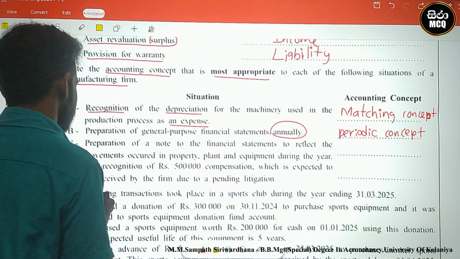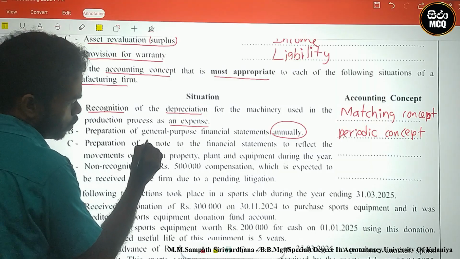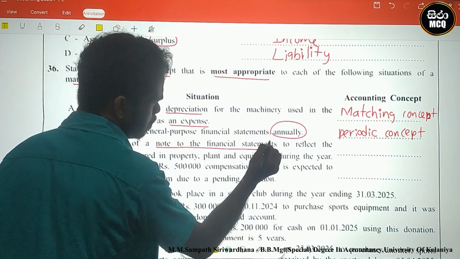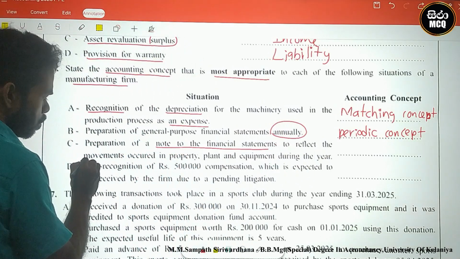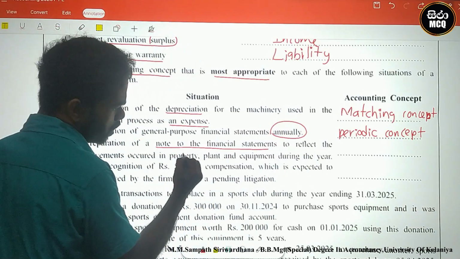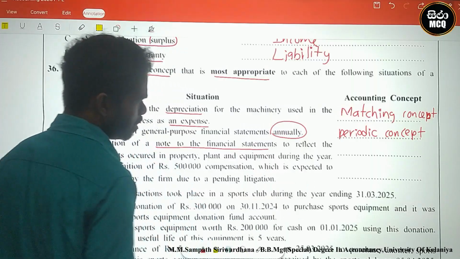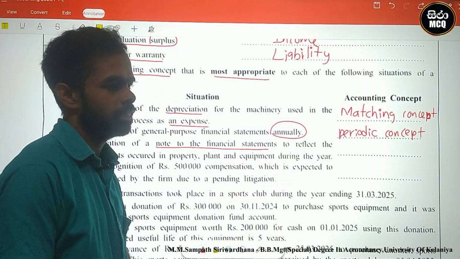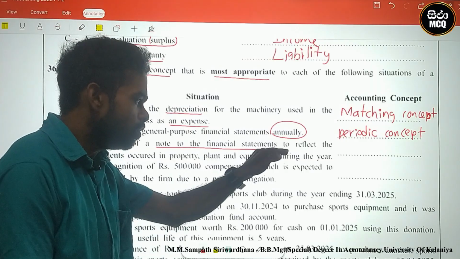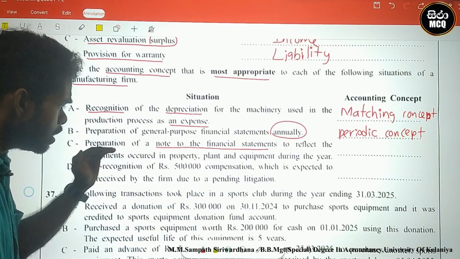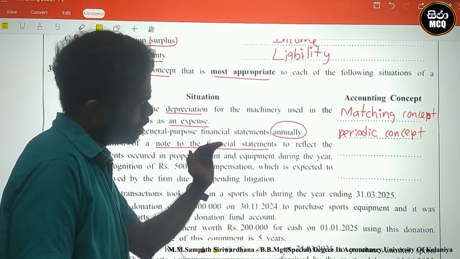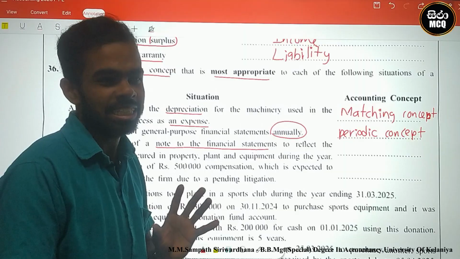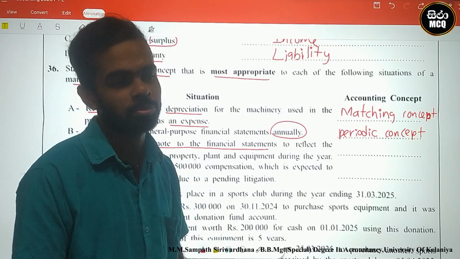Okay, let's see the third one. Preparation of notes to the financial statements to reflect movements occurred in the property, plant and equipment during the year. You know, preparation of notes to the financial statements. There are so many notes. A major note is the property, plant and equipment note.